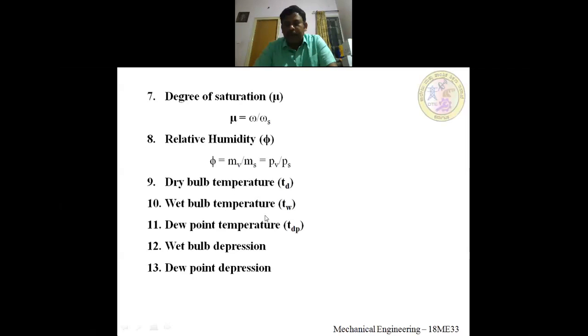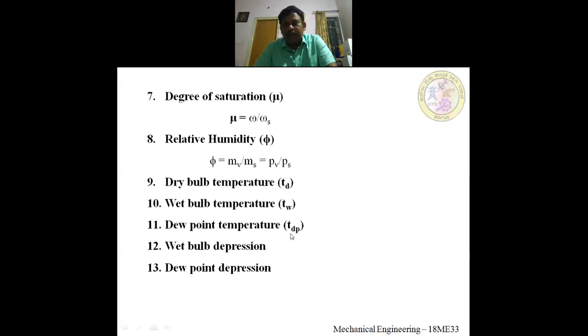Whereas wet bulb temperature is represented by t suffix w. It is the temperature recorded by a thermometer where the bulb is covered with a wet cloth and exposed to the movement of air. The corresponding temperature measured with a bulb covered with cotton wick is known as wet bulb temperature.